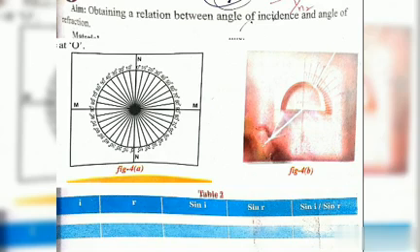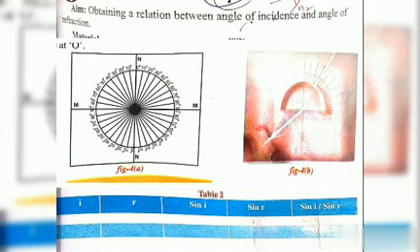In figure 4B, once you observe, we took one semicircular glass disc so that its diameter coincides with the interface line MM. MM line is there, no? That line is nothing but the line separating the two mediums. Here on that MM line, we place one semicircular glass disc.